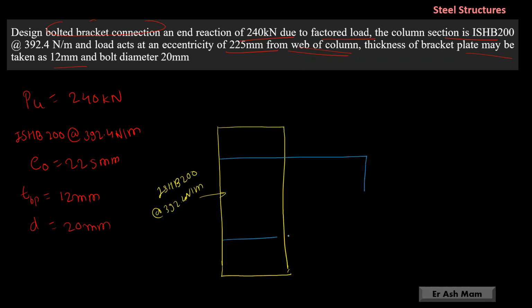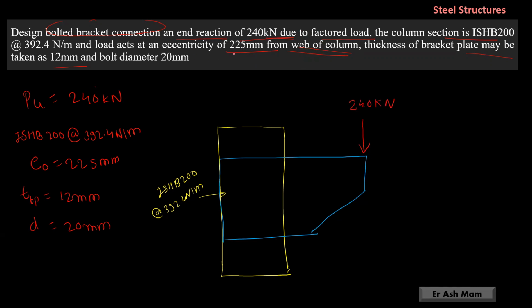If this is the bracket, the end reaction of 240 kilonewton due to factored load acts at the extreme end here, 240 kilonewton.